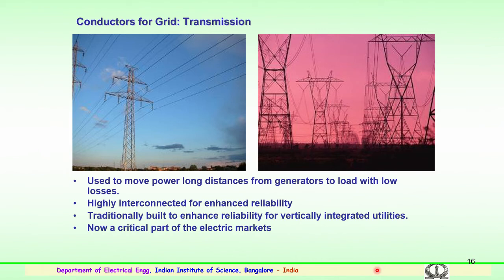And this grid transmission is highly interconnected, mainly to enhance the reliability of the transmission or distribution. Traditionally the grid transmission is built to enhance reliability for vertically integrated utilities, and now it is a critical part of the electrical market. So, very important, proper planning of the conductors has to be done for the EHV and UHV transmission.